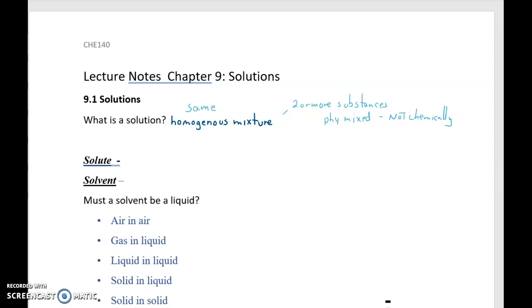Now, I mentioned that a solution might be salt water. It's a fairly common solution, salt water, sugar water. In this combination, salt would be the solute. It's the minor component.